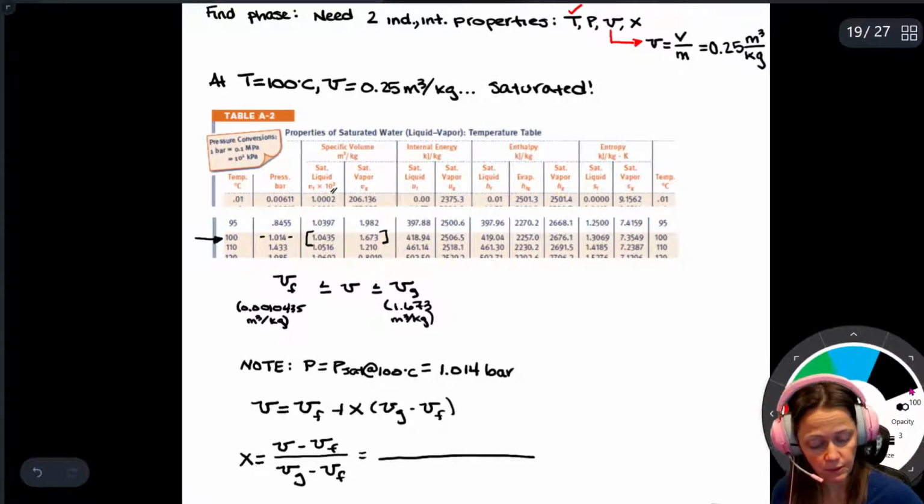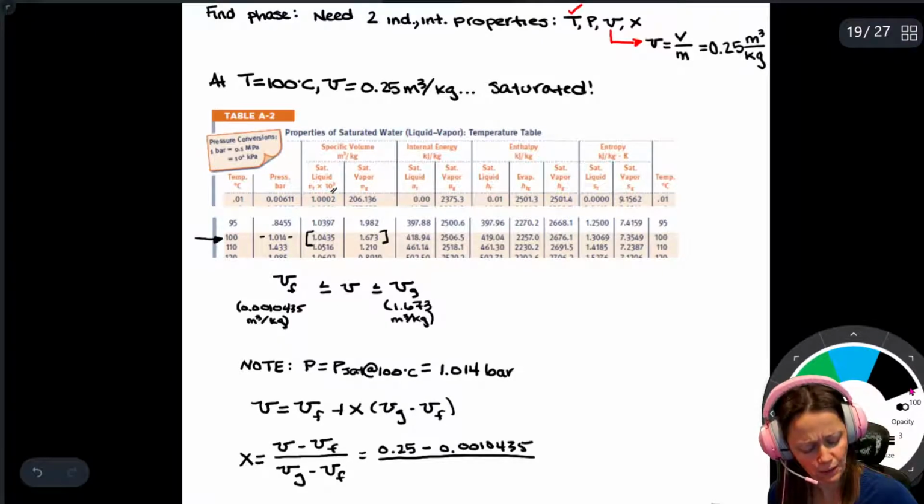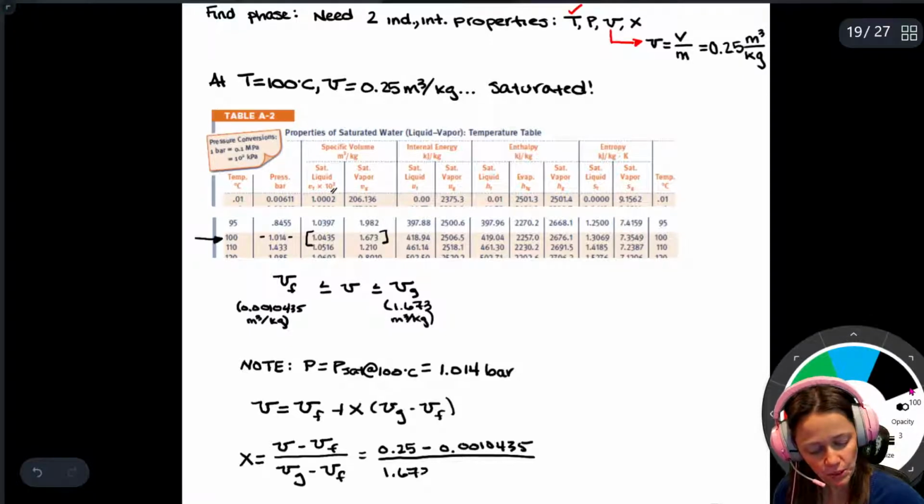So my specific volume, 0.25 meters cubed per kilogram, minus V sub F, 0.001035. Now it matters. Over V sub G, so 1.673 minus 0.001045.